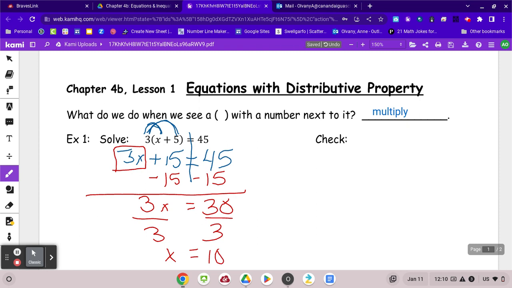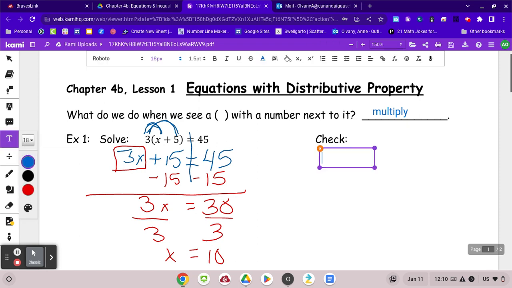I want to check that because this is something new, and I always want to make sure that I'm getting them correct. And with a check, when you hand them in, you can know right then if it's correct or not. So I'm going to copy 3 parentheses. Instead of x, I'm going to write 10. And we're going to see if that indeed does equal 45.